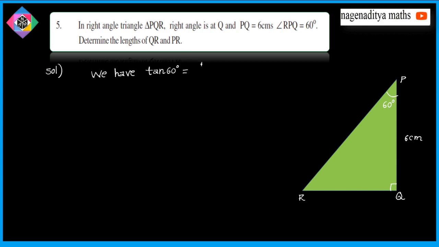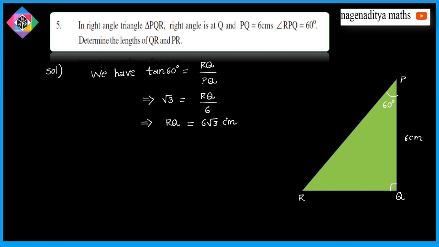So that is RQ by PQ. So we know the value of tan 60. The value of tan 60 is √3. So √3 is equal to the value of RQ, we have to find that, by PQ, which is 6. So this implies RQ is equal to 6 multiplied by √3 centimeters.